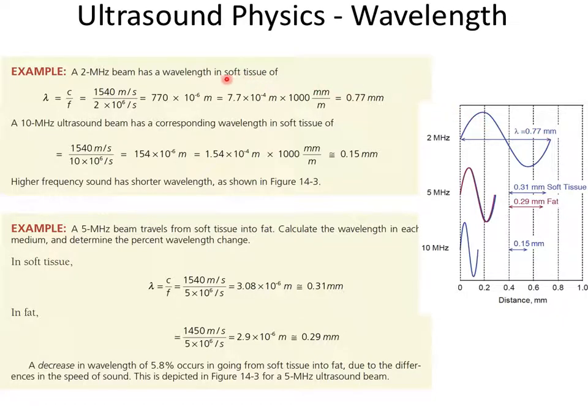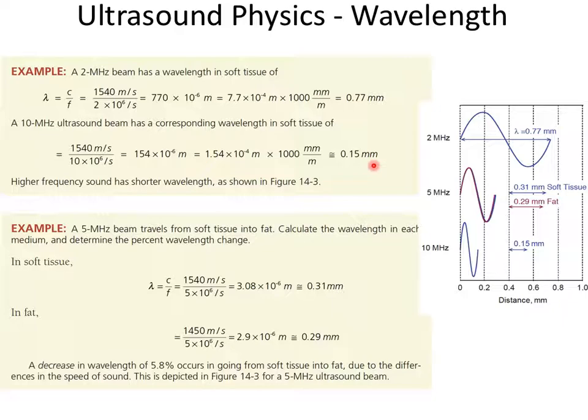In this example, we have soft tissue, so muscle, and we're going to calculate the wavelength of sound in muscle, given that the speed is fixed, but we can change the frequency, F. So we can put in 2 megahertz or 10 megahertz or whatever we want. And when we change that frequency, which we do on the ultrasound machine with a dial, we just click, click, click, go to a different frequency, we can change the wavelength of the sound in the tissue.